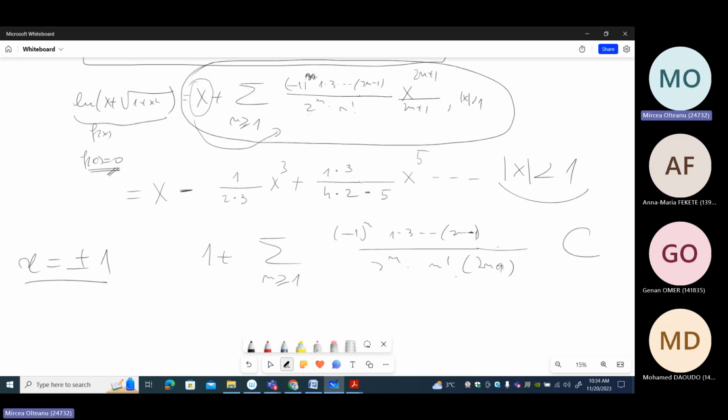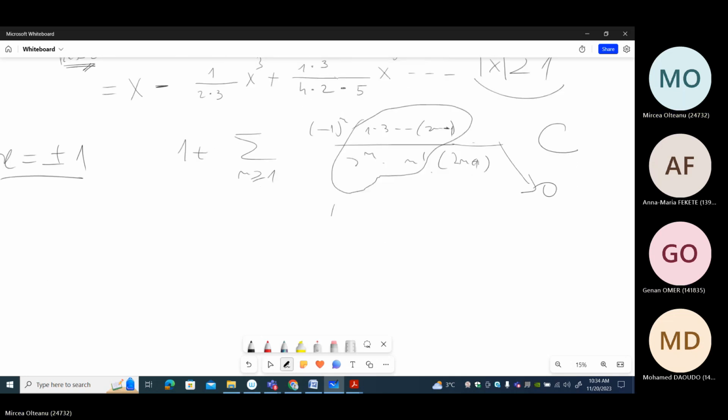This series is convergent, of course, because the sequence from here tends to 0. What you have here is bounded by 1, and times 1 over 2n plus 1 tends to 0. Is it clear that this sequence tends to 0? So we can use Leibniz test. According to Leibniz test, the series is convergent.